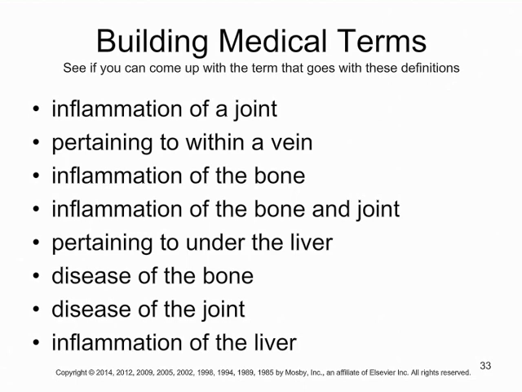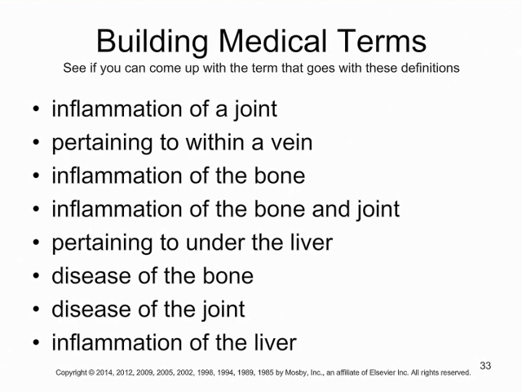So for example, inflammation of a joint, you have a line, and it's already split, so you know you need to have a word root and a suffix, and there is not going to be a combining vowel. This is another format you're going to be seeing throughout the textbook and on your tests, and really I think it's helpful because it gives you an idea of how many parts you need to include and gives you a heads up as to whether or not you think you actually need a vowel.